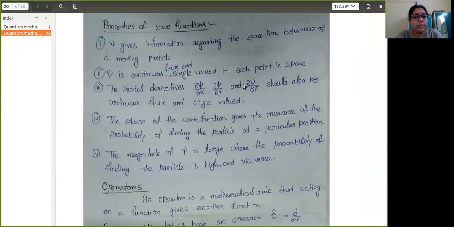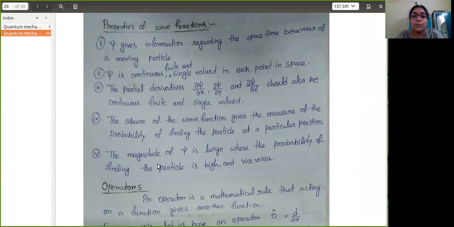The square of the wave function gives the measure of the probability of finding the particle at a particular position, as I said already. The magnitude of psi is large where the probability of finding the particle is high, or vice versa is more true, I think. Where the magnitude of psi is high, the probability of finding the particle there will also be high.